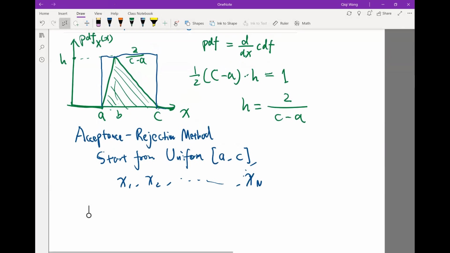Of course, this is not going to be a triangular distribution because these x's are equally likely to be very close to C as they are around B.